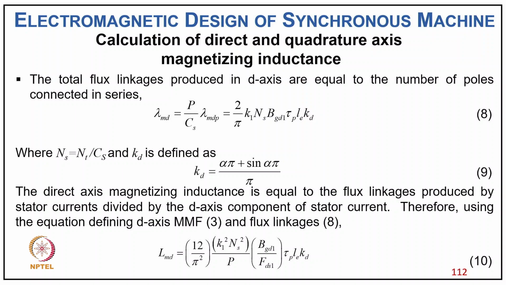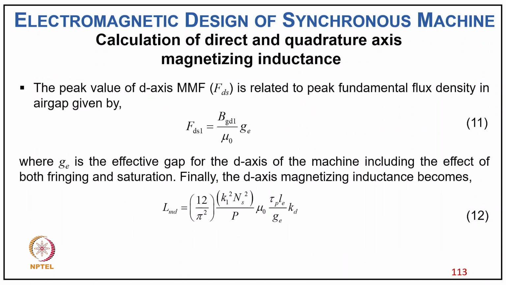So the direct axis magnetizing inductance is equal to the flux linkage produced by the stator current divided by the d axis component of stator current. Therefore, from the equations defining MMF and flux linkage, Lmd equals 12/π² × K1² Ns²/P × Bgd1/Fds1 × τp L × Kd. The peak flux density of the d axis is related to the peak value of the d axis MMF by Fds1 equal to Bgd1/(μ0) × Ge, where Ge is the effective gap for the direct axis of the machine, including the effect of both fringing and saturation.